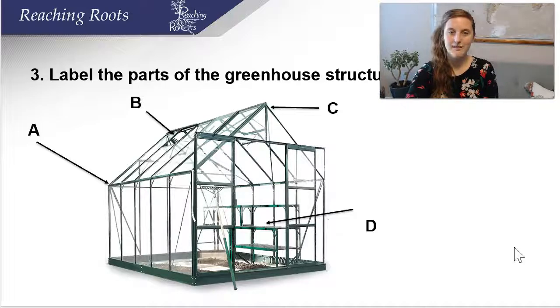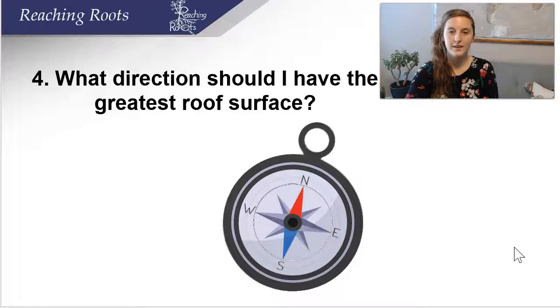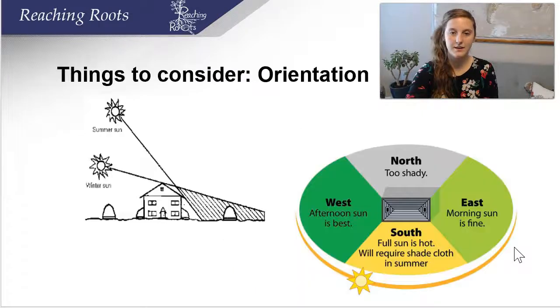Number 3, please label the parts of the greenhouse, A, B, C, and D. And finally, what direction should I have the greatest roof surface area of my greenhouse facing in the ideal situation? If you had trouble with the last question, here are some diagrams that may help you.